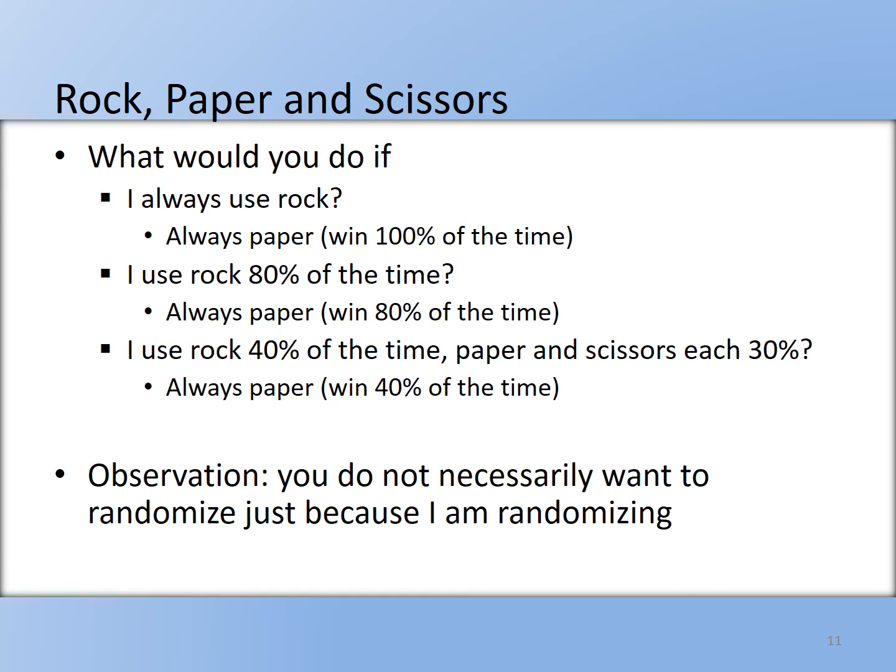Now, you only want to randomize if randomizing doesn't make you less likely to win, right? In all these cases, I've argued that by using paper, you raise your chance of winning. So, for you to be willing to randomize, it must be the case that randomizing doesn't lower your chance of winning.